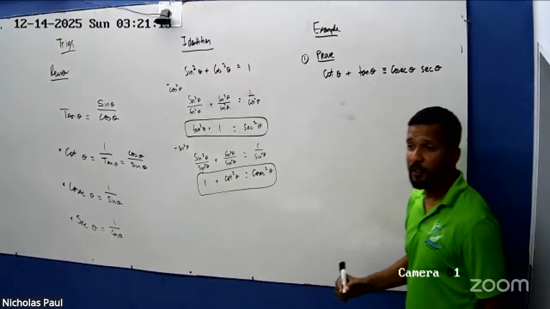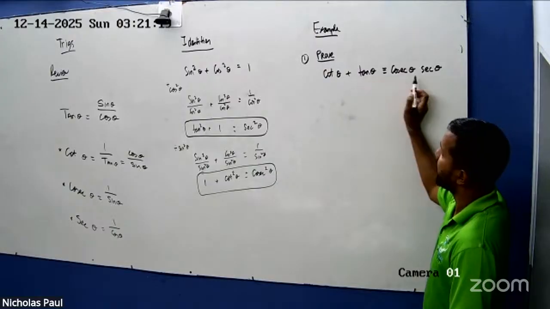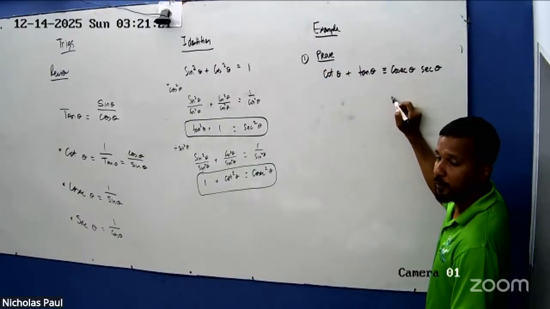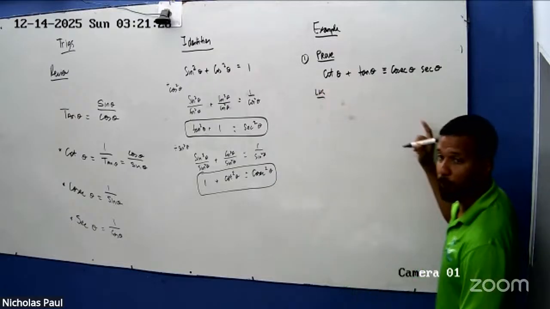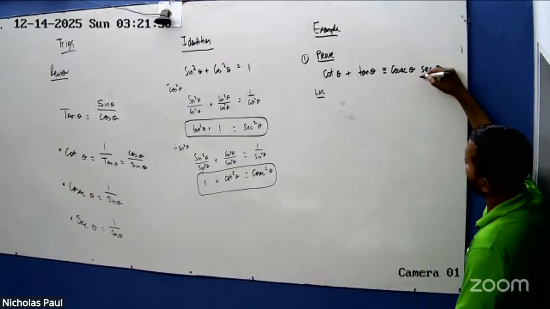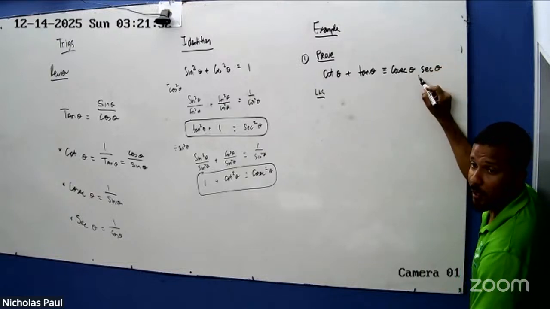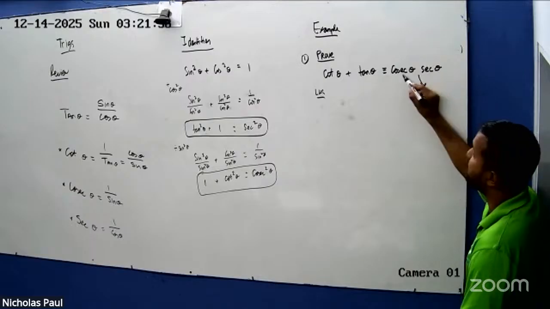Right. So you want to prove this, right? You want to prove this here, and you can choose any side you want, right? Remember, if you want, you can work with both sides at the same time, right? So you have an idea of what you want to get, right? What is this here? What's cosec by sec? What will this be?